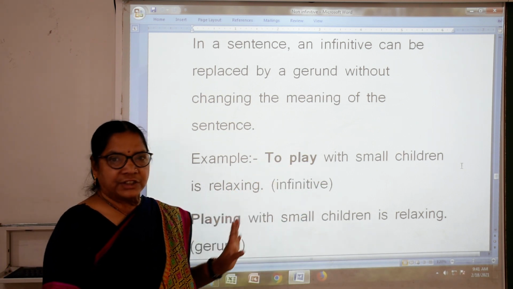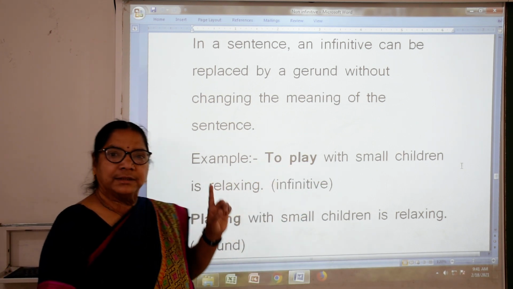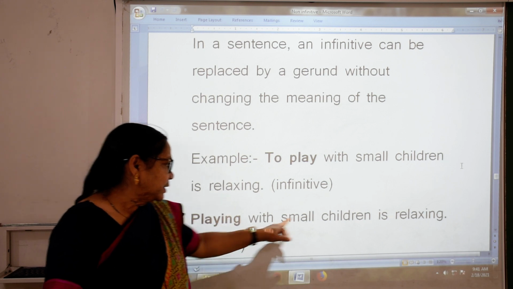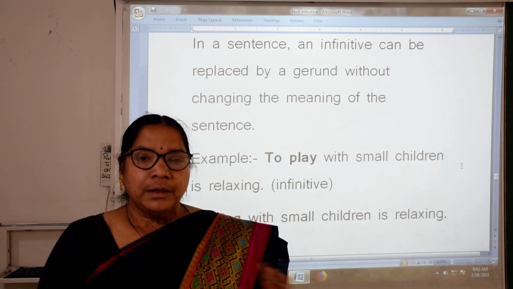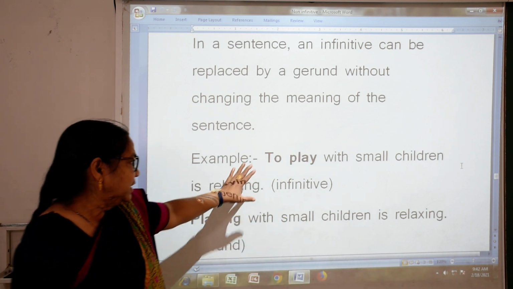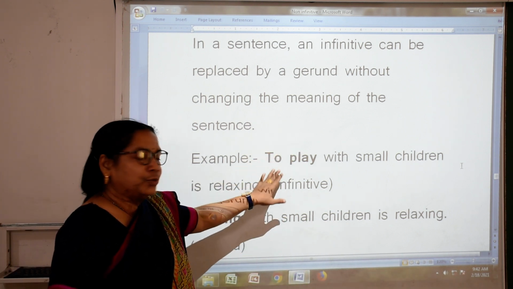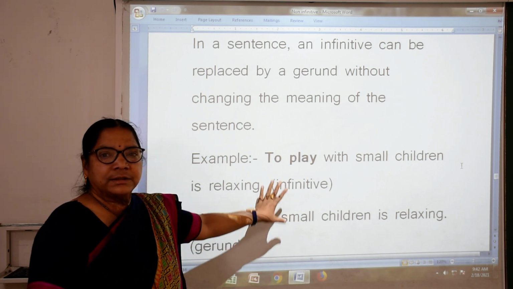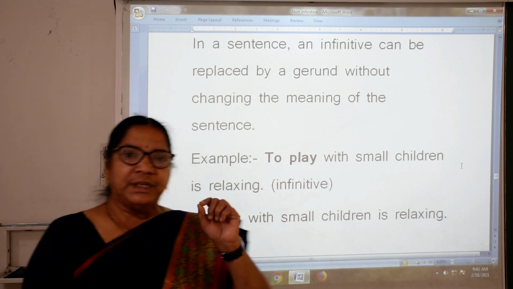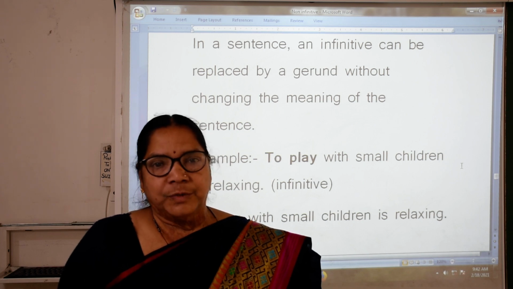To play with small children is relaxing has the same meaning as playing with small children is relaxing. There is no change; we have replaced to play with the gerund playing, but the meaning remains the same, okay.